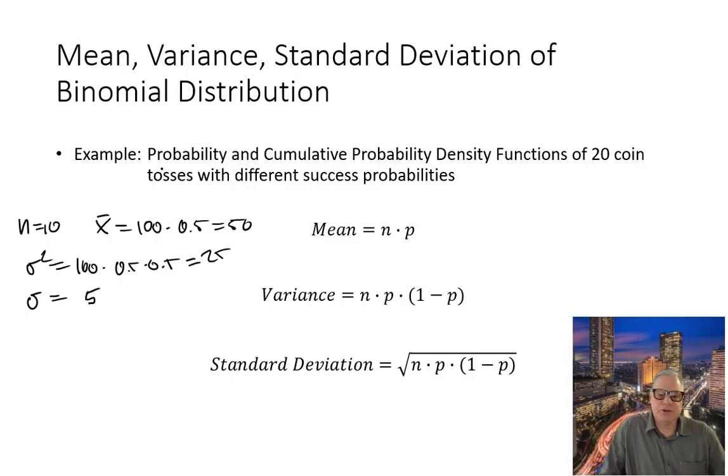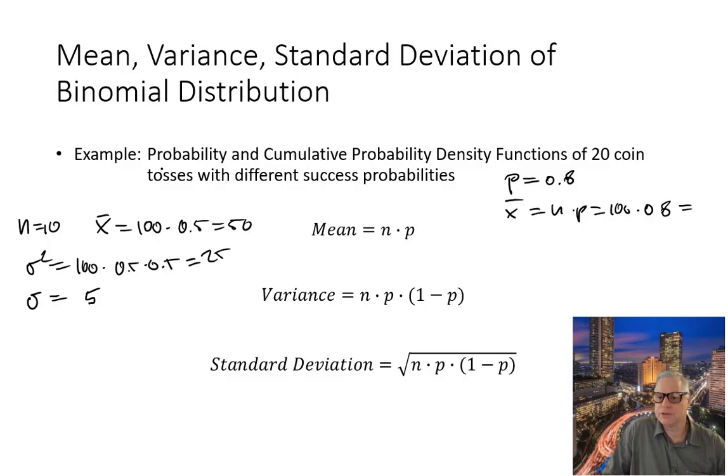But of course, if you had a different success probability, maybe like if the success probability were 0.8, then the mean, so assume p were 0.8, would be n times p, 100 times 0.8. So that would be 80.